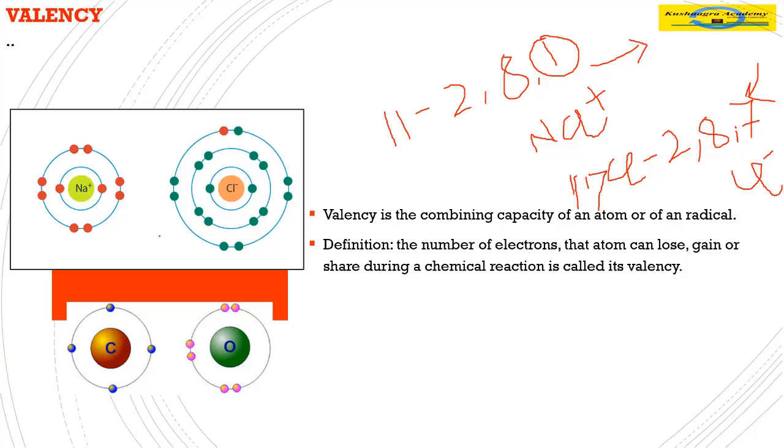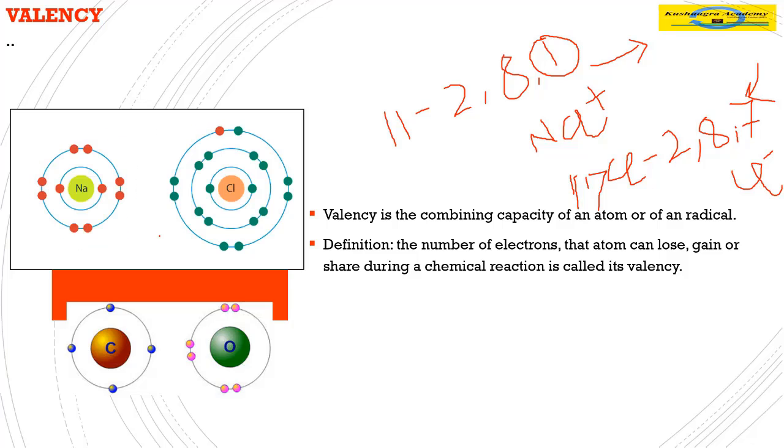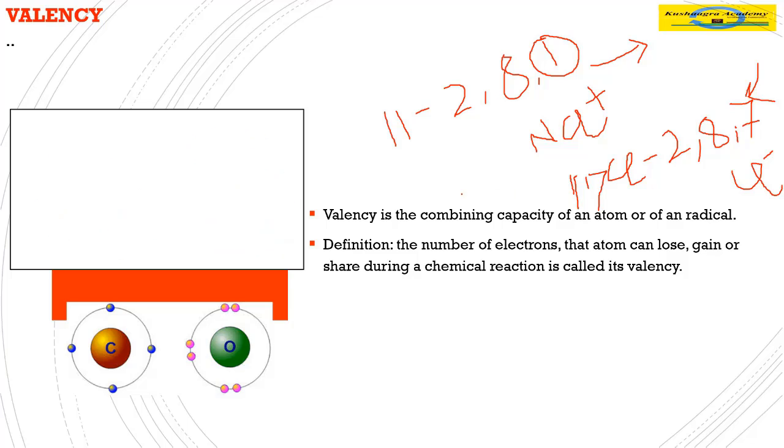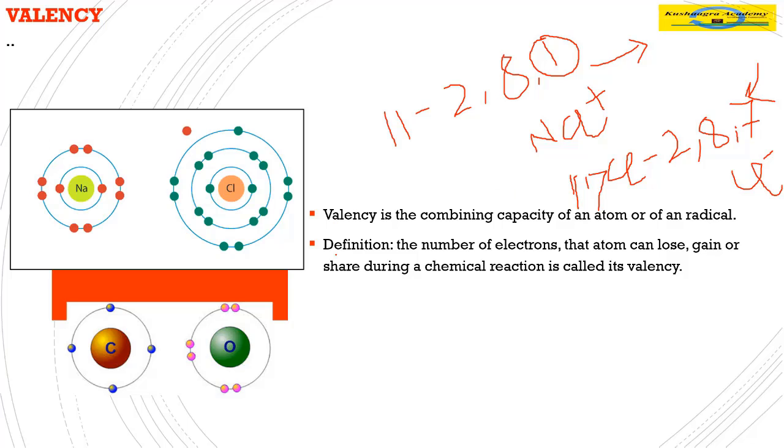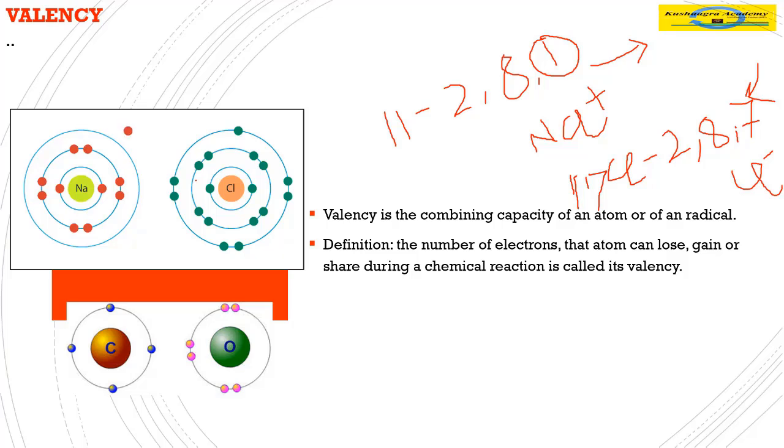We can define it as the number of electrons that an atom can lose, gain or share during a chemical reaction. So the valency of sodium is +1 and the valency of chlorine is -1, because chlorine is taking 1 electron and sodium is losing 1 electron.